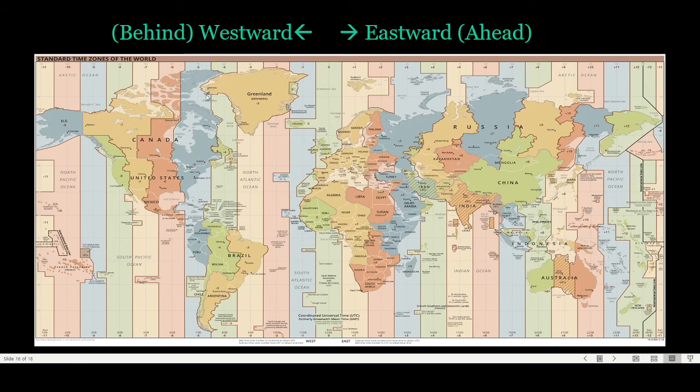So this would mean, if this is at 12 noon, New York would be 7 a.m. And again, the sun is basically moving westward. So they're always later than us because we live in California. So now we are going to solve time problems.